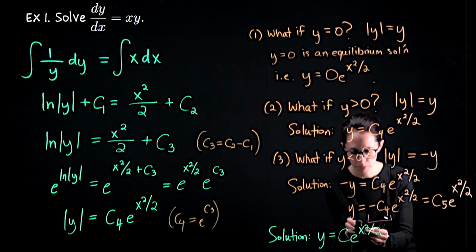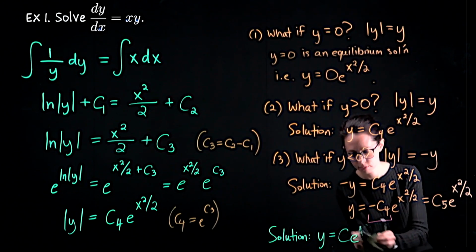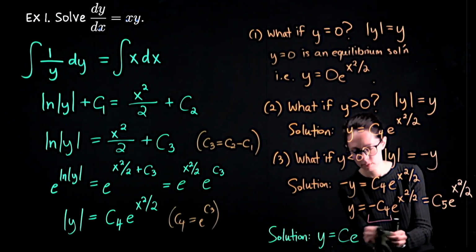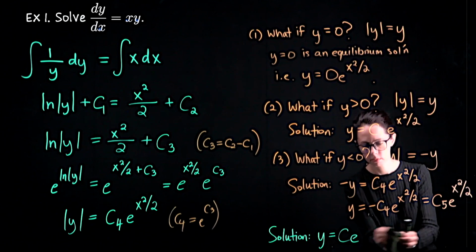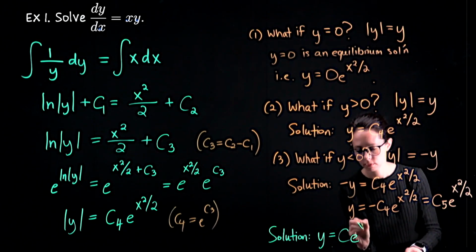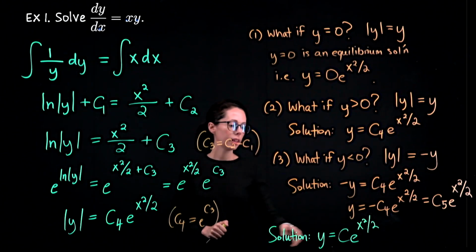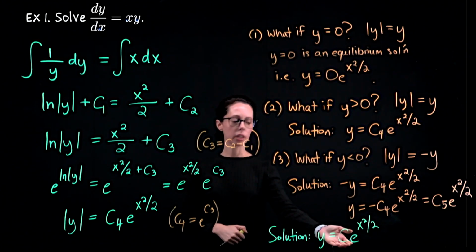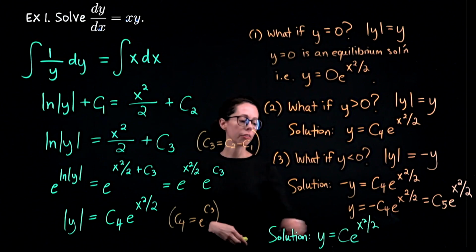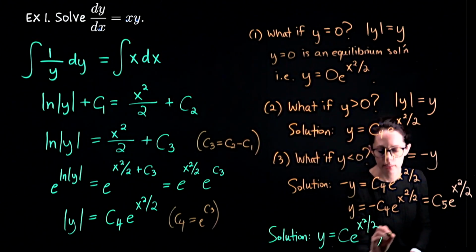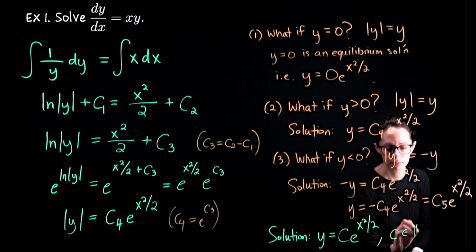Let me make this a little better. Here, C could be 0, it could be positive, it could be negative. It covers all three cases. So we'll just say C is any real number.